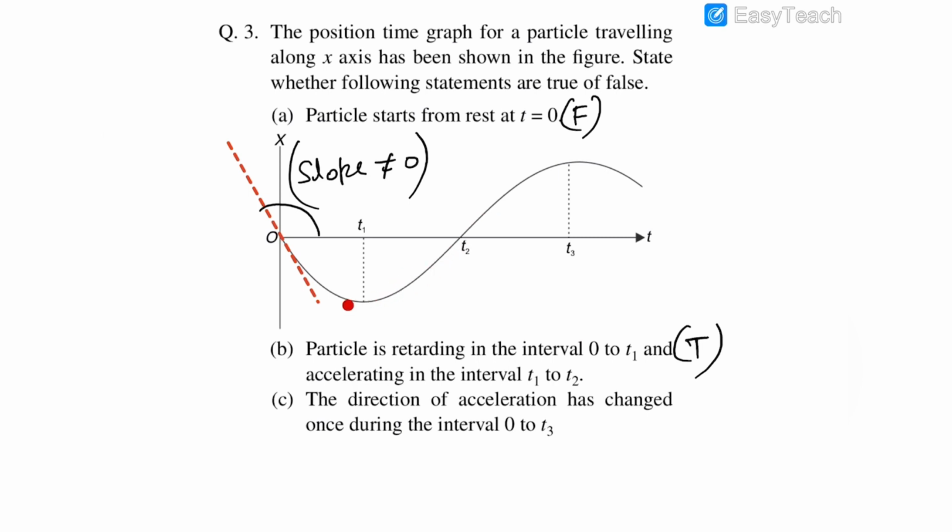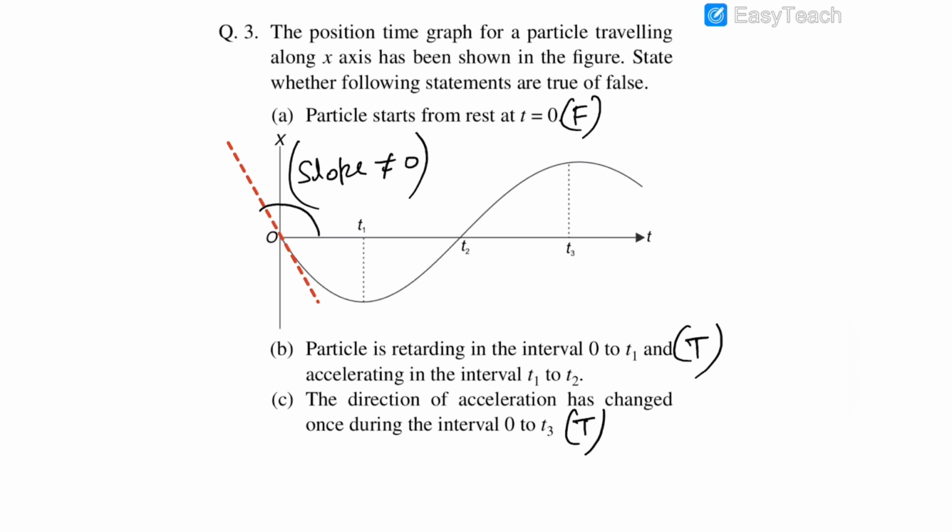So acceleration is in the forward direction. Now again you can see that this slope starts to decrease to 0. So again the body starts to retard while moving in the forward direction, which means that acceleration has changed direction once. So option C is also true.